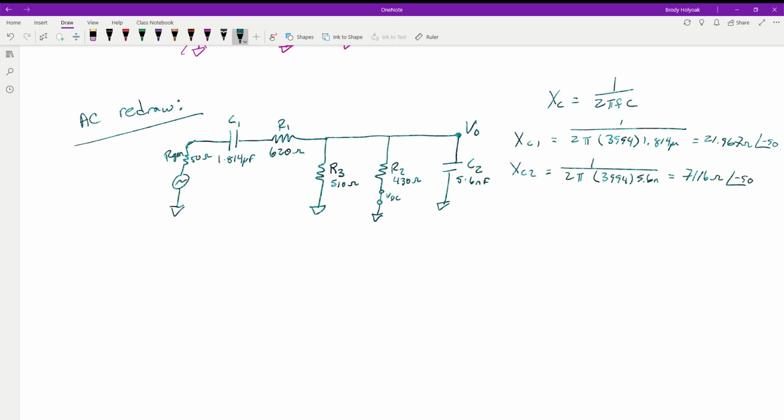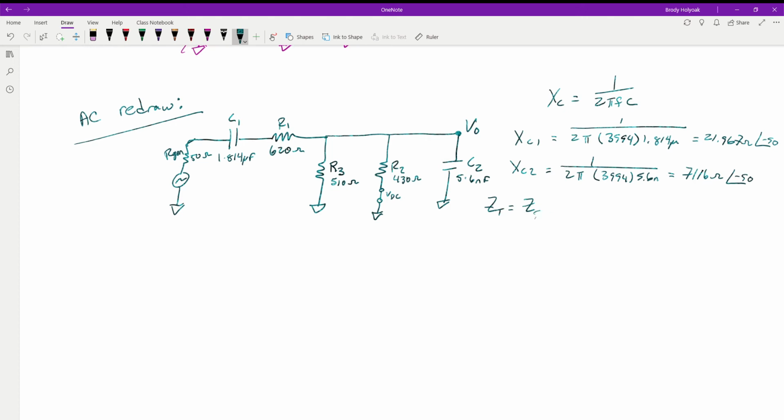Now what we need to do is get our Z total so we can find the current, and then find the voltage drop. The total impedance is going to be equal to the impedance of the series portion, so I'm going to call this Z series added to Z parallel.